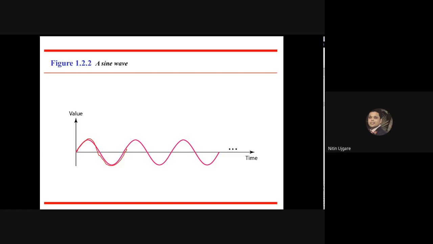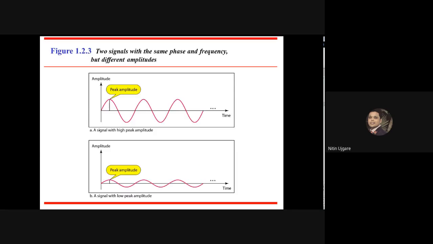So let us discuss these three parameters in some more detail, so that we get a better representation of a sine wave when we are dealing with the sine wave as a part of transmitting media through the transmission medium.